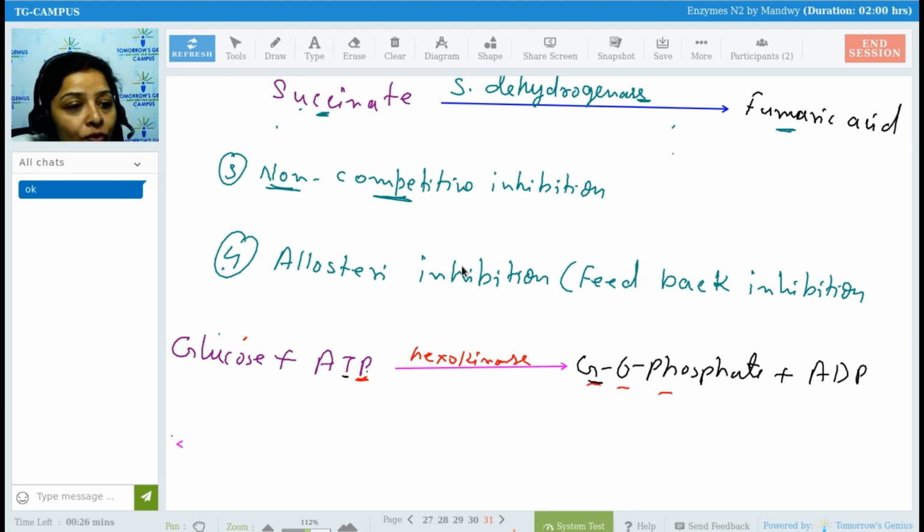Once the glucose 6 phosphate forms, it will come and bind to the allosteric site of hexokinase.